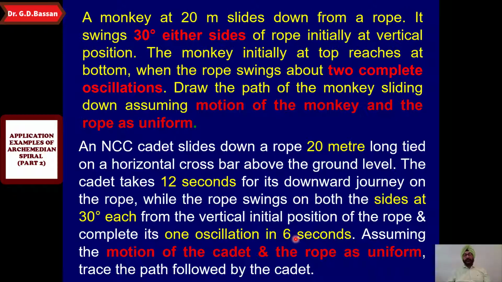That we'll discuss while solving the example. So one full oscillation takes 6 seconds, so for 12 seconds it will take 2 oscillations. So theoretically these two examples are identical to each other, only the language has been changed. Otherwise everything remains the same. Now let us discuss how to solve this particular example.